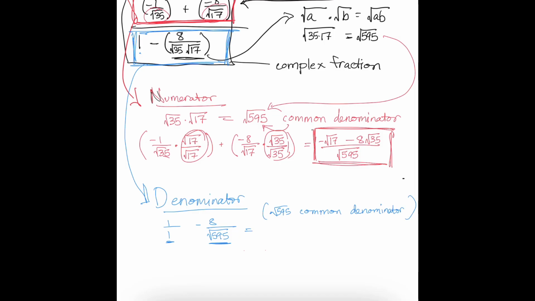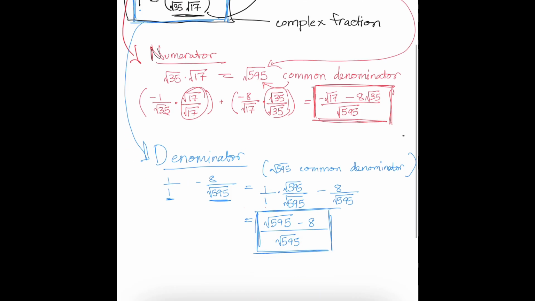So this is equal to 1 over 1 times this strange, silly value for 1 here, minus 8 over square root of 595, and we don't have to do anything to that second term. So we end up with the numerator becomes square root of 595 minus 8 all over the square root of 595. This is as simple as we're going to get this piece of the arithmetic.